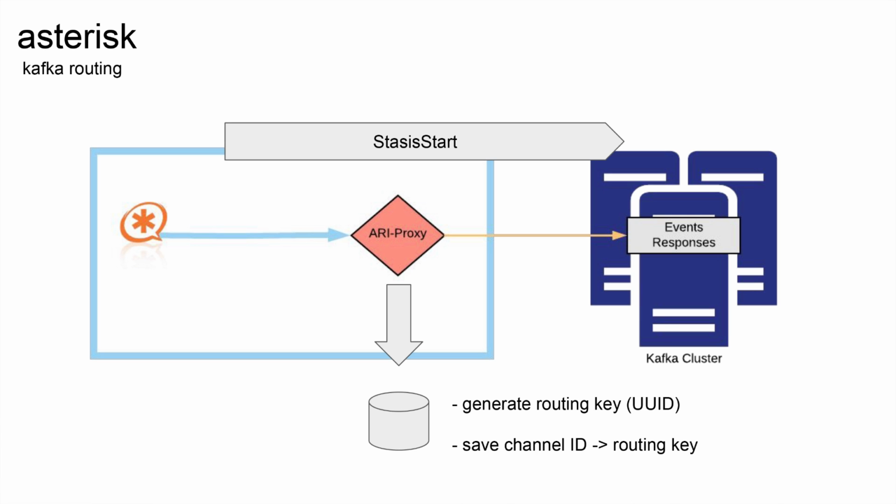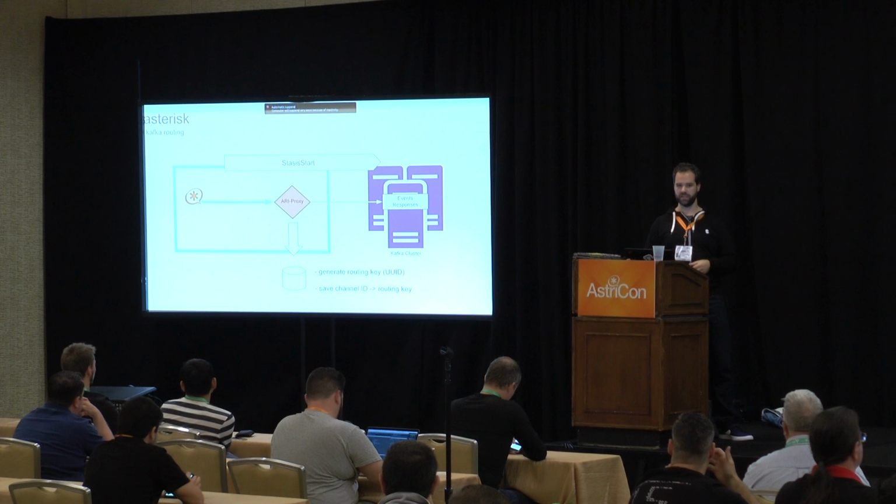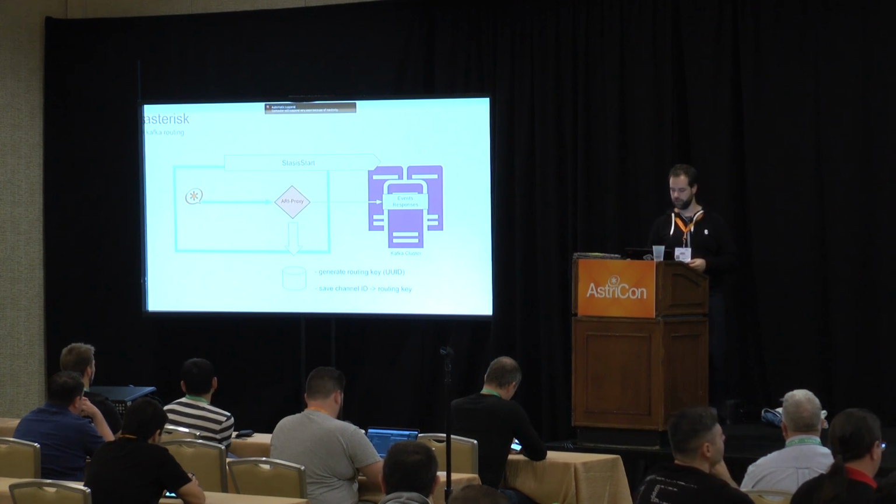In this case, we check the Stasis start, which is the first event we get on a basic call. On a Stasis start, we generate a routing key in the ARI proxy, and we save that routing key in a database which is connected to the channel ID. We get that out of the ARI message. Then we publish the Stasis start event to Kafka.